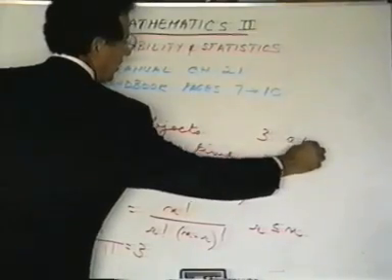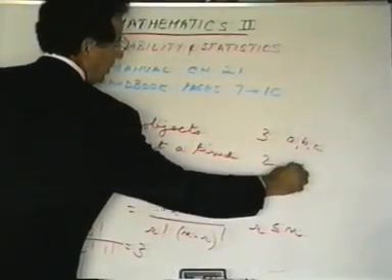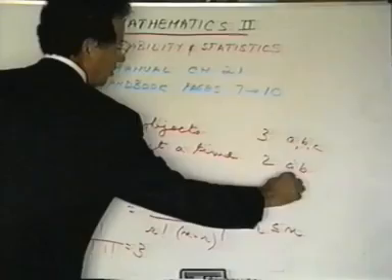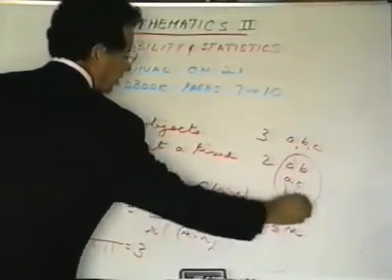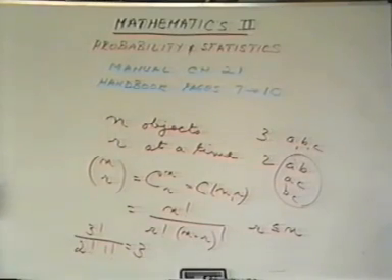Well, let's say the 3 objects were the 3 letters A, B, and C. Well, I can pair them as A and B, A and C, or B and C. So there are the 3 combinations I'm looking for. Now notice that I'm not concerned about the order. I am not distinguishing between AB and BA, or AC and CA, or BC and CB. That's going to show up later when we talk about permutations.